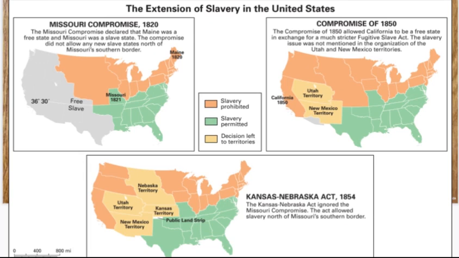Another point that we'll talk about briefly here in this review video. And then the Kansas-Nebraska Act 1854 ignored the Missouri Compromise and allowed slavery north of Missouri's southern border, and that creates a new problem. So again, we'll take a closer look at each of these, but these maps are just helpful to get that nice visual.